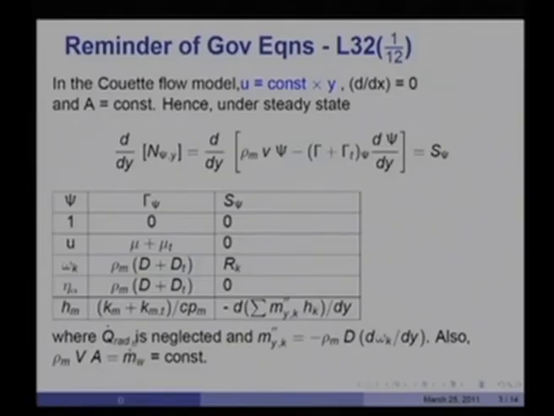We have ignored the radiation and other heat generation terms here. M double dot y k is really the diffusion flux given by Fick's law, and rho m v, which will be m dot w, is equal to constant, which is the mass flux that would remain constant.